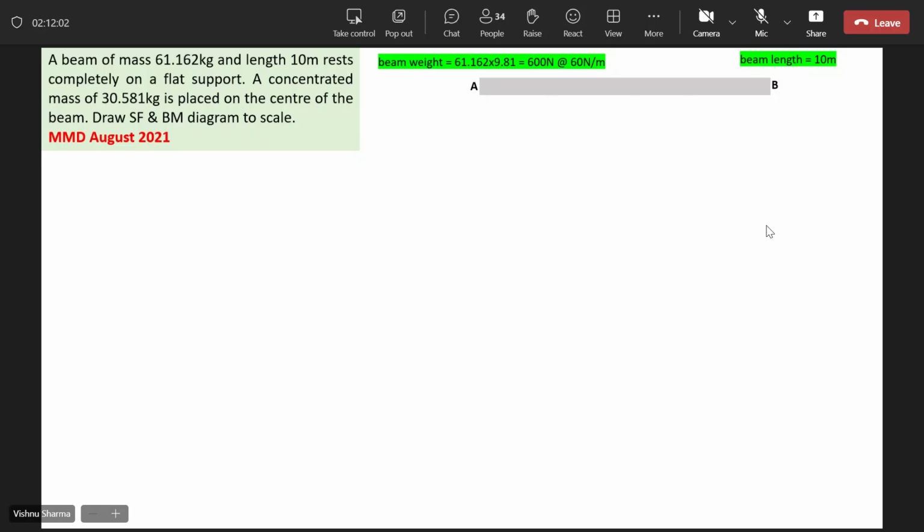It is completely resting on a flat surface and carries a weight at the mid length, at the center. This yellow one is the surface on which it is resting. And it carries a weight at its mid length of 300 newtons. Is this the diagram you have made?